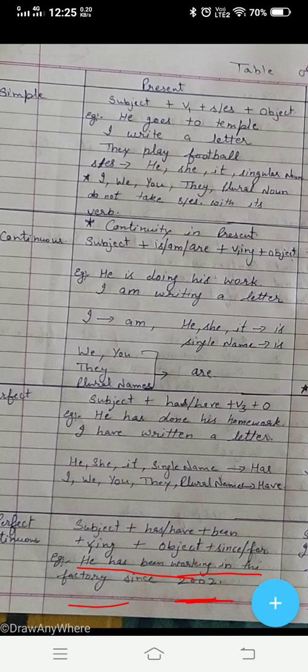When we have an exact point of time, like 2002, 2002 is an exact time. We know that 2002 was 18 years ago. So when an exact point of time is given, we will use since. And when a period of time is given, then we will use for.